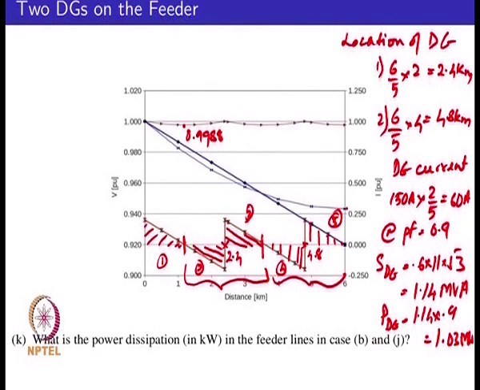The last part of the problem is what is the power dissipation in this compared to the previous case. Case B, then we could also consider the parallel conductors and the case when you have DG. So, the procedure adopted could be, you could calculate what is the power loss in one small triangular section, and we know that there are 5 such sections to actually calculate the power loss.